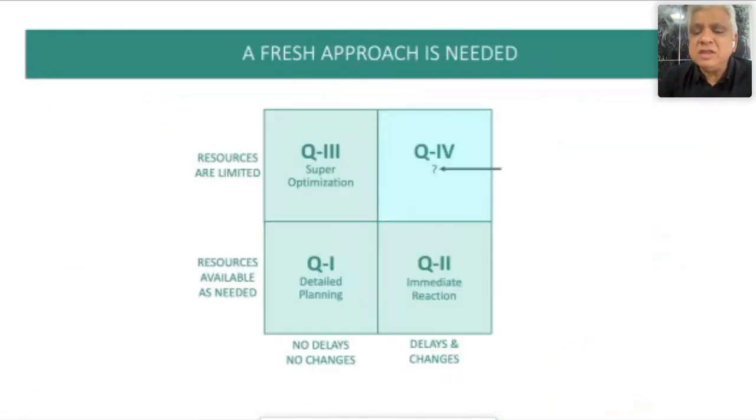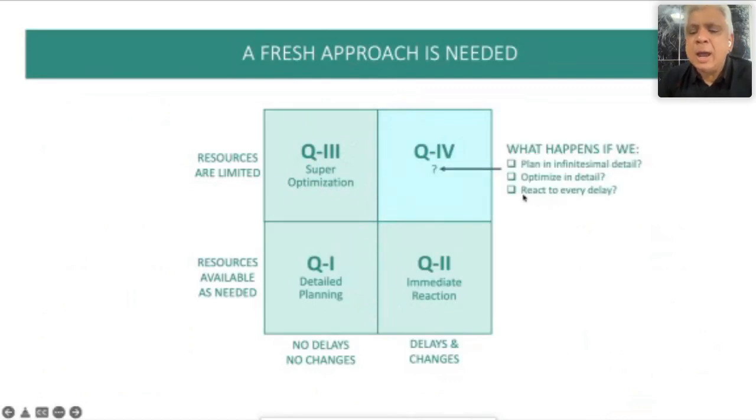So even this real-time information system, which is such a big thing in projects today, and trying to react to every delay is actually counterproductive in the real world. And optimizing in detail, of course, is counterproductive because it's useless. It will never get done because you will never have the data, and you will just create a white elephant of either an information system or a project management office staff.